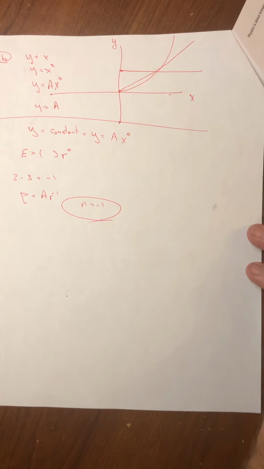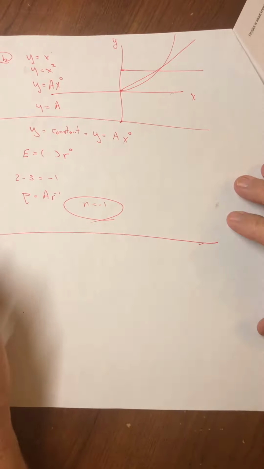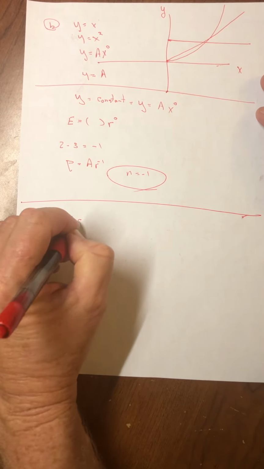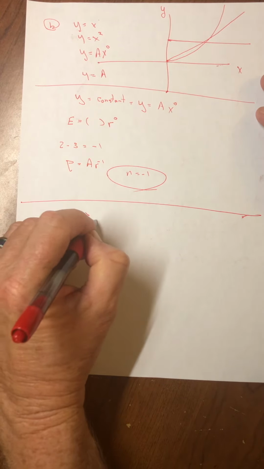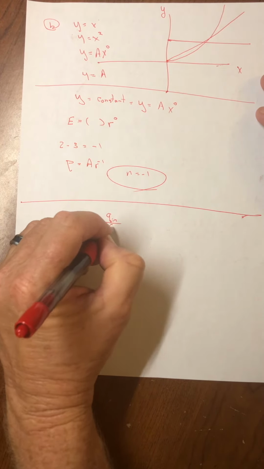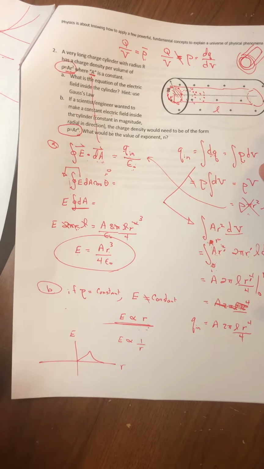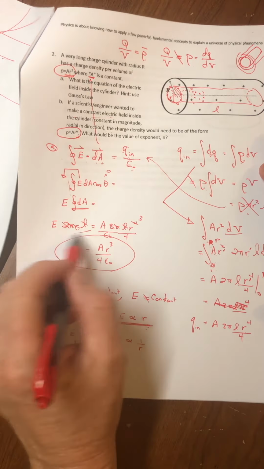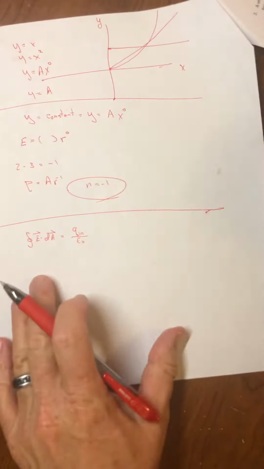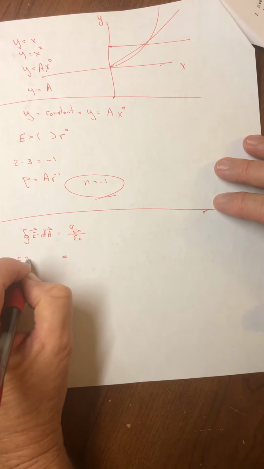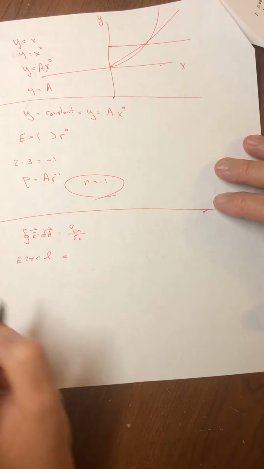However, maybe it's worth going through these same steps here that we did in A. So I guess it would look something like this. You would start with Gauss's law. On this side of the equation, I would get everything the same, so this would be E times 2 pi r l.